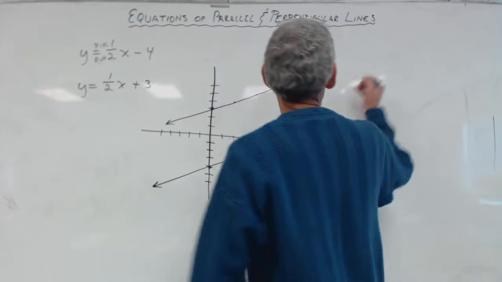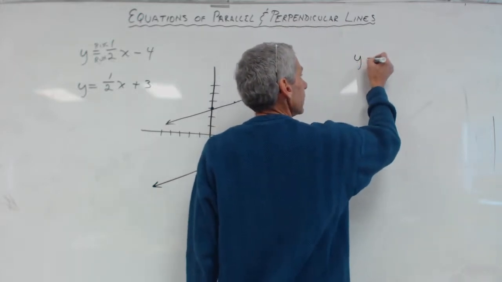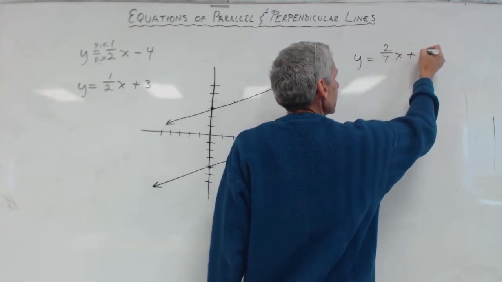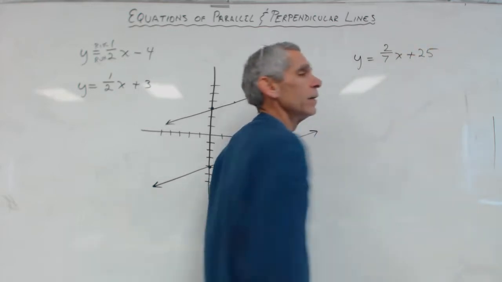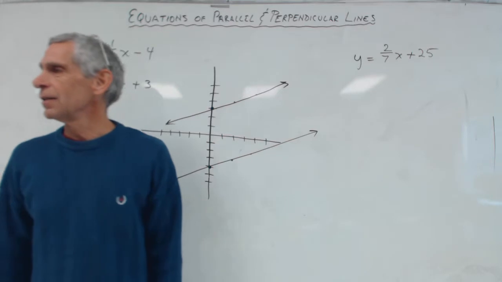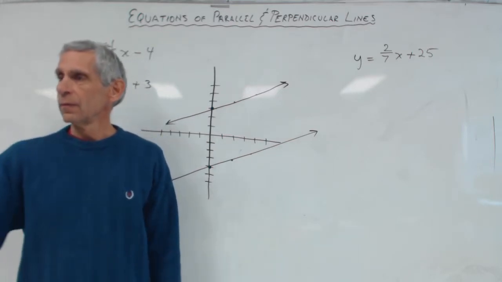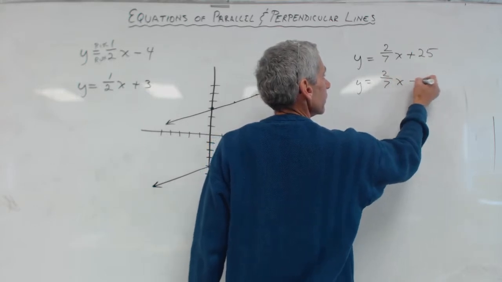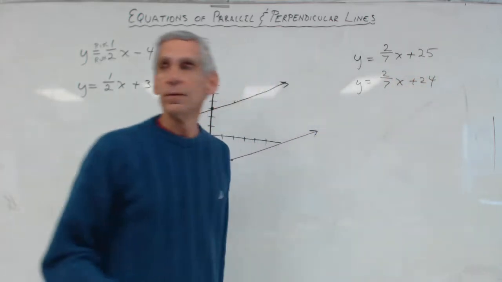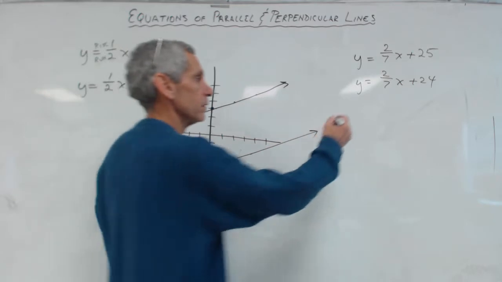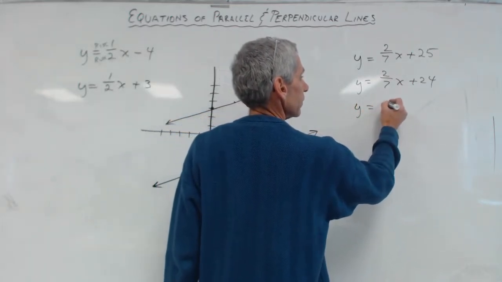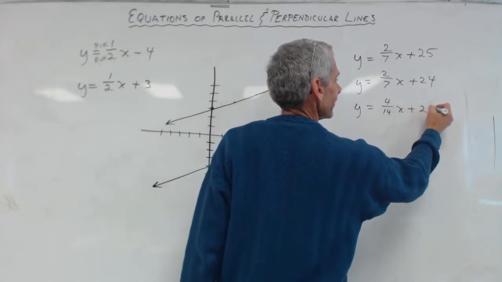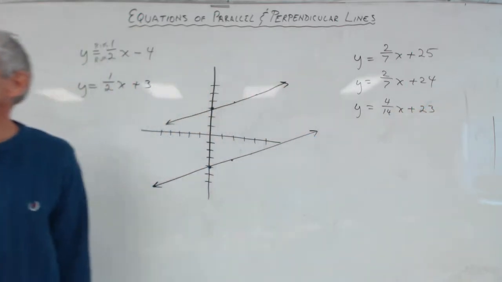But anyways, if I gave you this, y is equal to 2/7x plus 25, give me an equation that is parallel to that. Y is equal to 2/7x plus 24. Yes. Yes, Jan. Y is equal to 4/14 x plus 23. Yes. Okay, Basie.